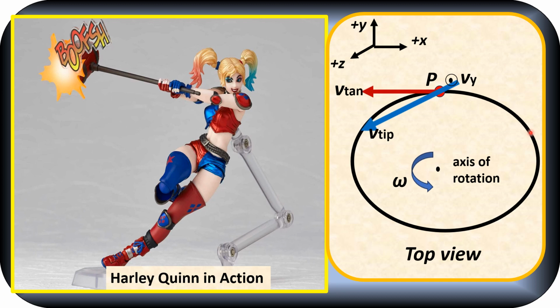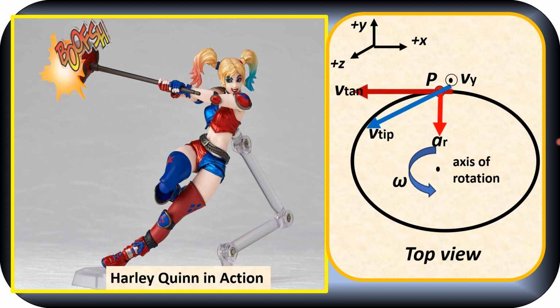And since the angular velocity omega is constant, the only component of the linear acceleration is a sub r, also known as the centripetal acceleration of the particle. It has no tangential acceleration because, as we said, the angular velocity omega is constant.